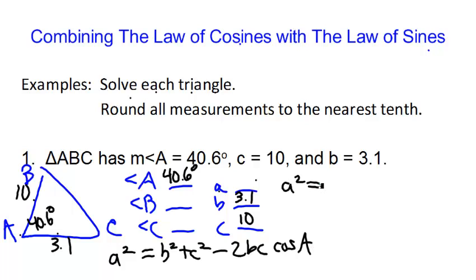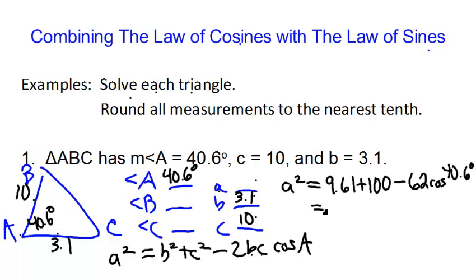A squared is, let's see, b squared is 3.1 squared. That's 9.61. C squared, that's 10 squared, that's 100. 2 times B times C is 2 times 3.1 times 10. Well, that's 6.2 times 10, that's 62, times cosine of angle A is cosine of 40.6 degrees.